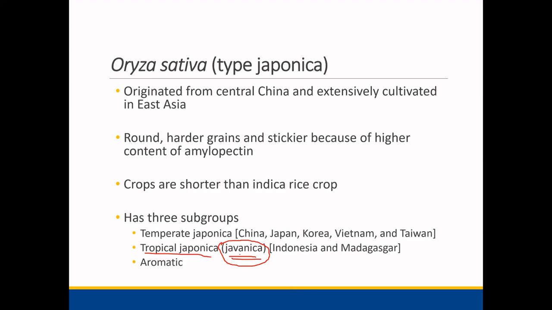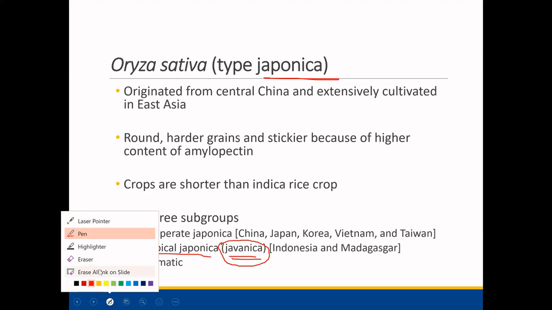Don't confuse it; it's a subgroup of japonica that's mainly grown in countries like Indonesia and Madagascar, which have a tropical climate. So that's the second subgroup.